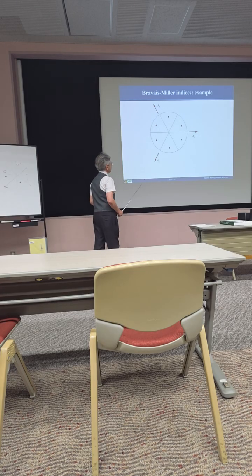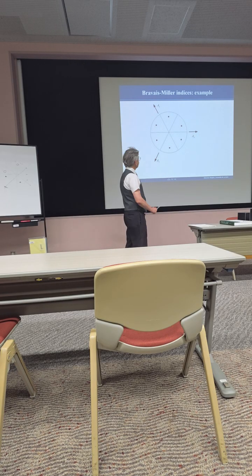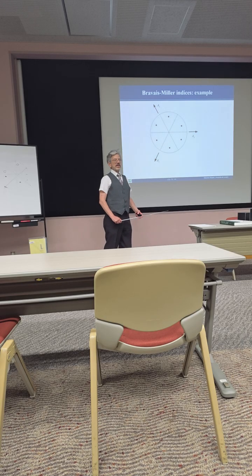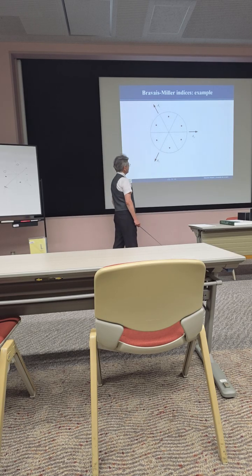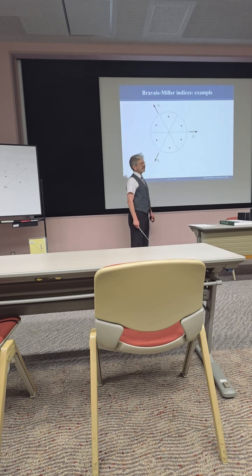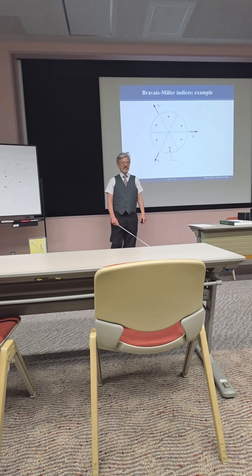Let's see. Consider this stereographic projection of a hexagonal pyramid. What are the Miller indices? I think I started from this one. We start from HKL always, and then we use the information that we know.